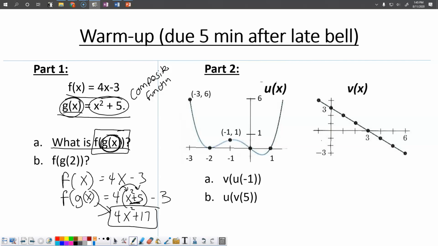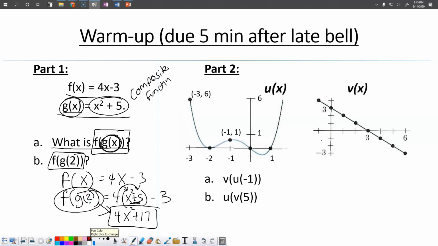All right. Now, what about if we found f of g of 2? How would you do that? Well, basically that means you're going to take your composite function and replace the x with 2. So I'm going to take this x out and put a 2 in there.